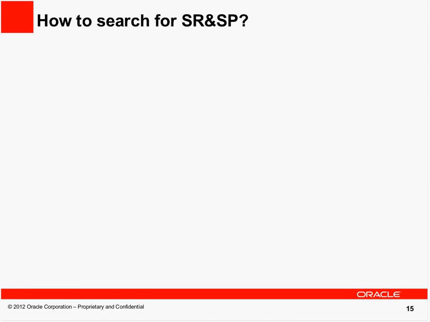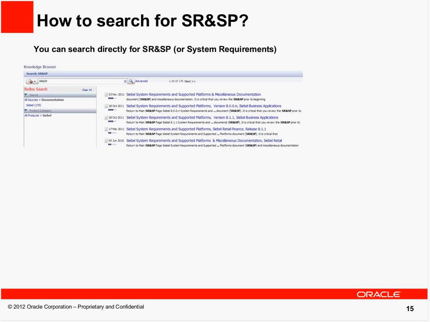You can also search for System Requirements and Supported Platforms. You just enter, for example, SR and SP in the global search bar, or just system requirements. You can even add the version that you need, so SR and SP 811.